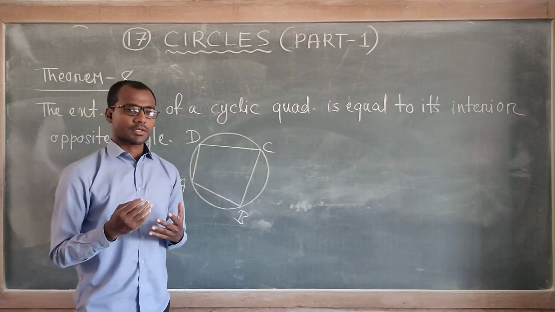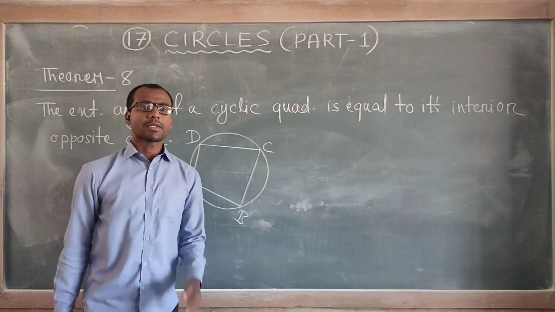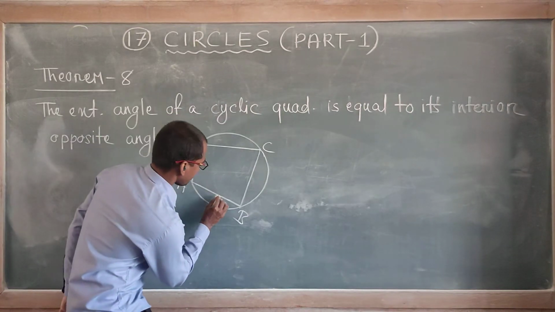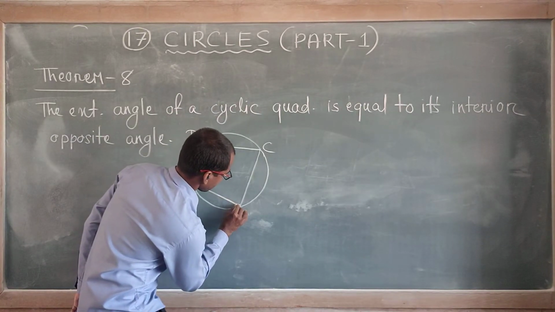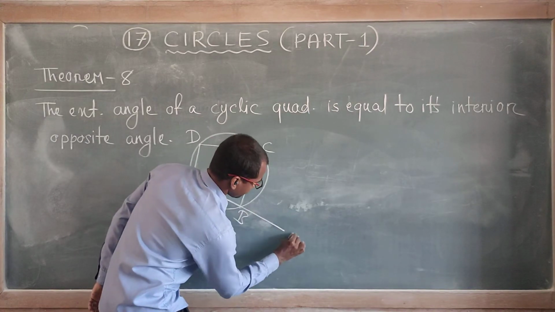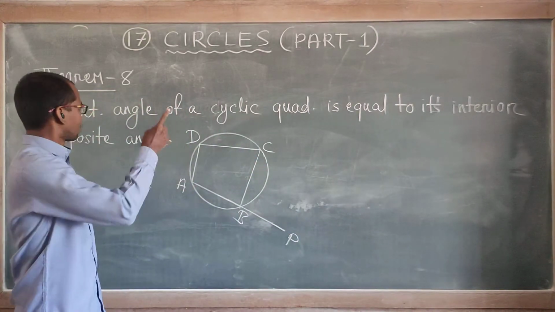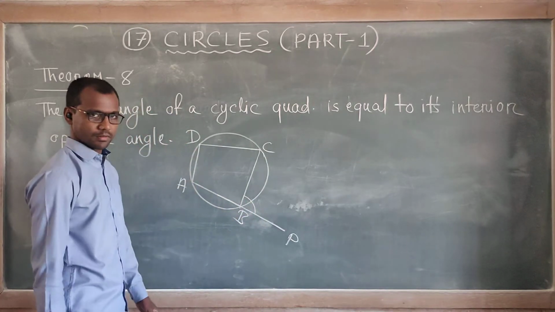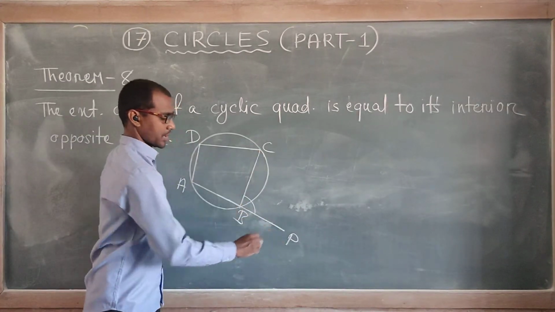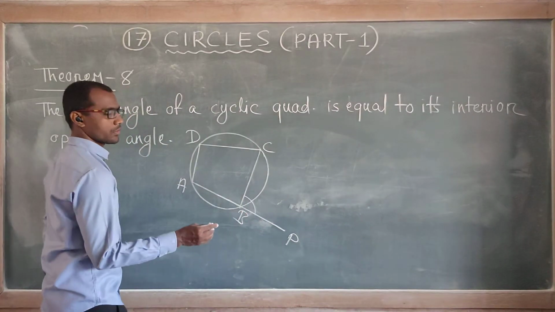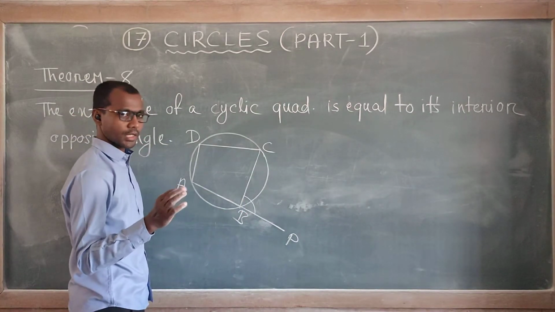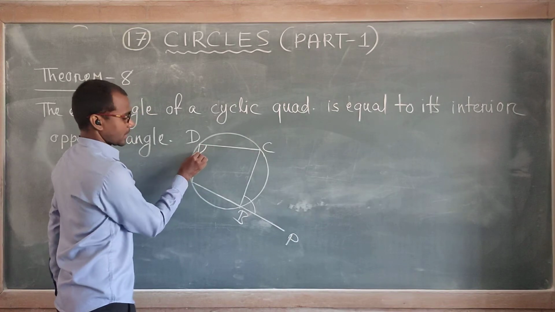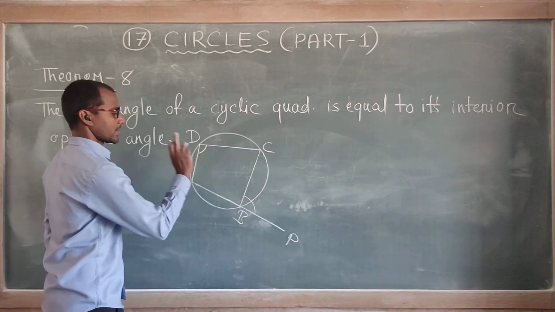Now in order to get an exterior angle, we have to produce only one side. Let us produce AB. Suppose this is P. By this theorem, this angle is the exterior angle, angle CBP, and this will be equal to its interior opposite angle, that is D. So this angle is equal to this angle.